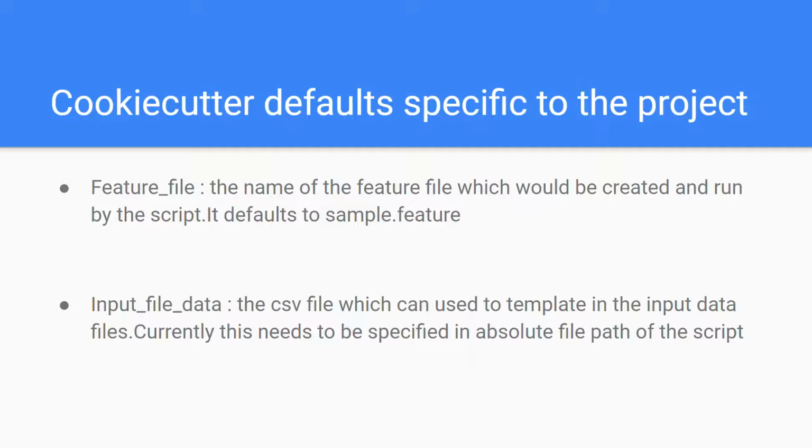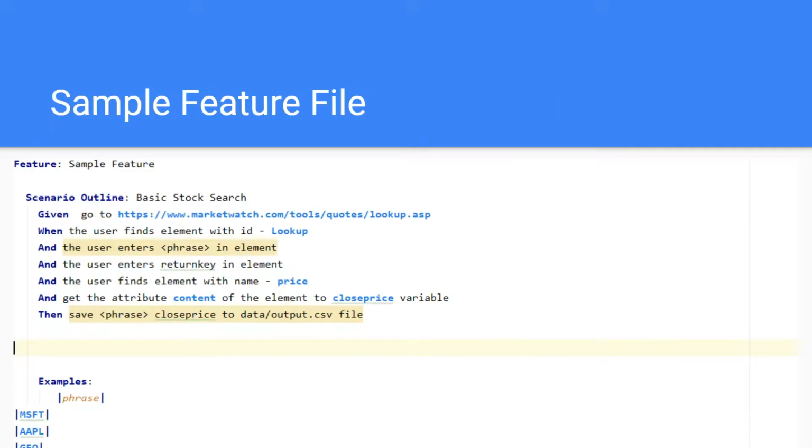And the input data file is the CSV file which is used to provide the input data. If you do not have an input data file, that is fine too. The application will take care of it and will not throw an error if you do not provide one to the test bed.